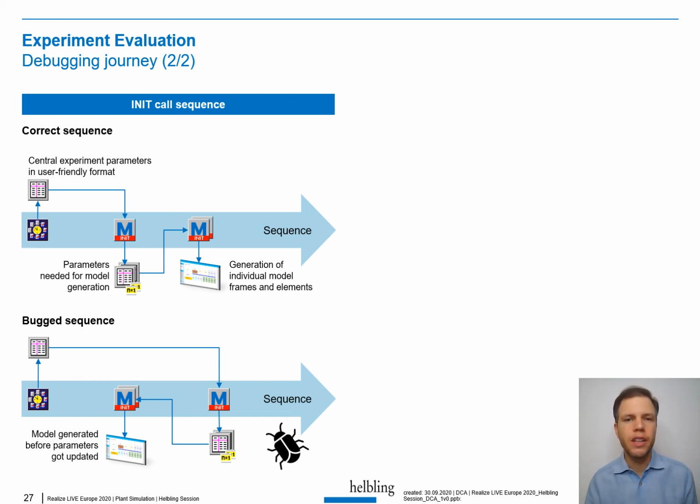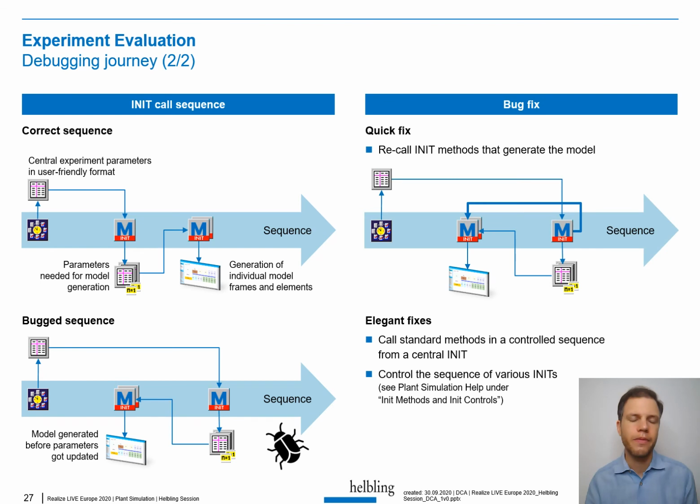These parameters are then used by other init methods to generate the model. Now, in our case, the model got generated before the new parameters got transferred. So our quick fix was to recall the init method that generates the model after the parameters got transferred.